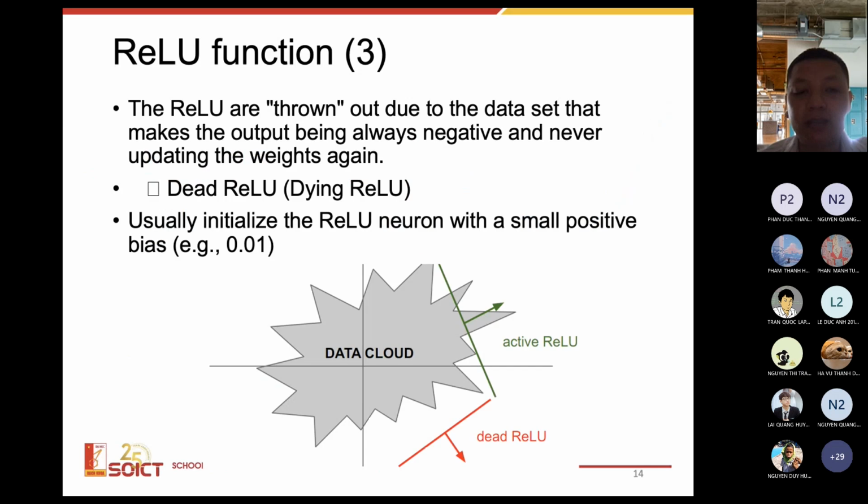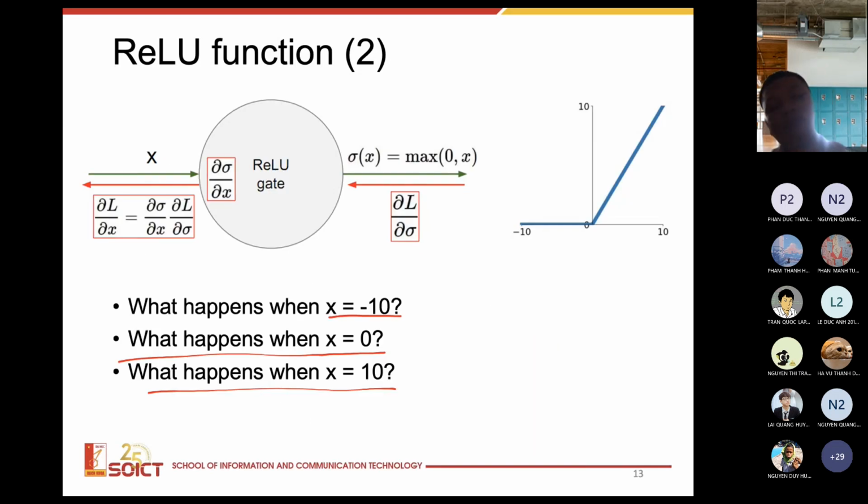And in that case, the gradient equals 0, right? When x equals 10, okay, it's fine.